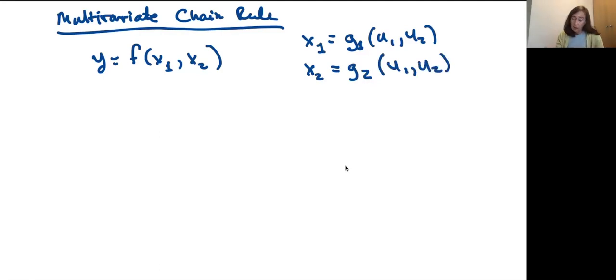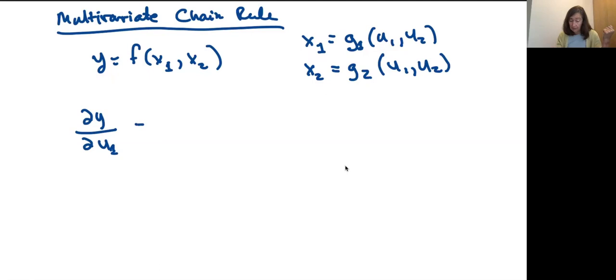And suppose I want to know the partial derivative of y with respect to u1. So how is y affected by this u1 that affects y through both x1 and x2? Well, I just kind of gave away the answer there. If I want to know the effect of u1 on y, I have to think about how u1 affects y through x1 and through x2.